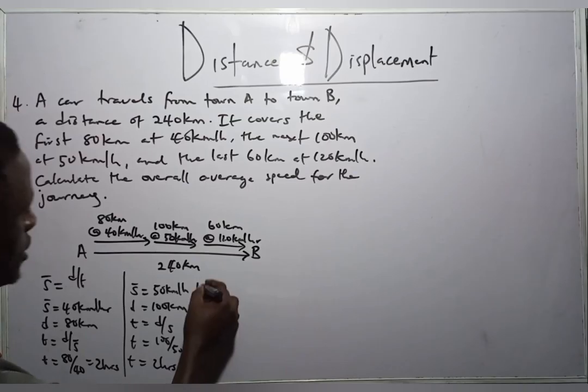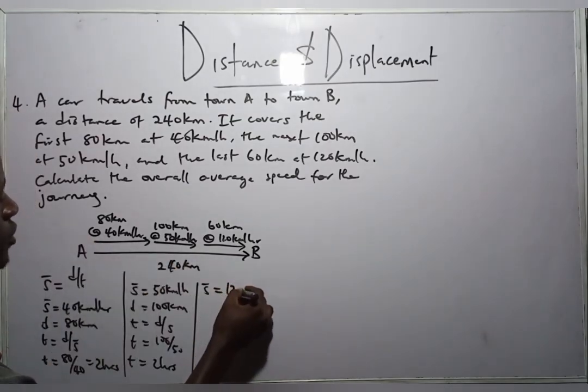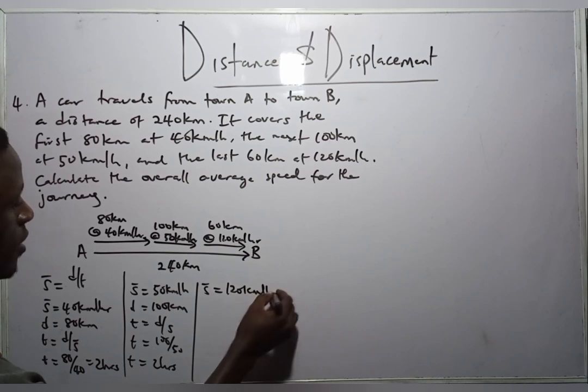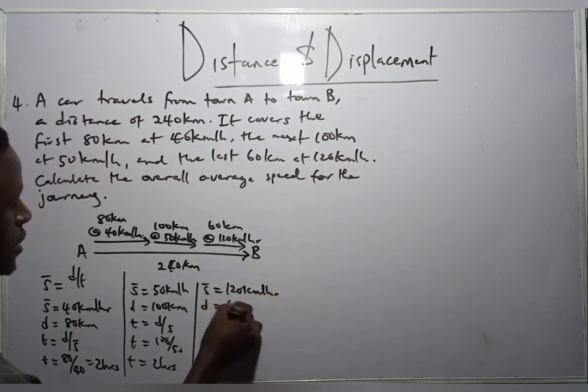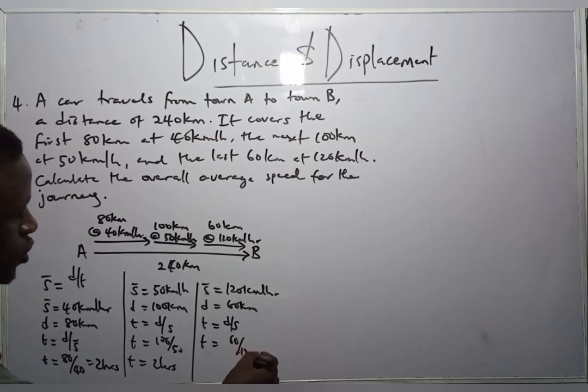Now let us check the last one. The speed is 120 kilometers per hour, then the distance is 60 kilometers. Time is distance over speed, so time is 60 over 120, and this is 0.5 hours.